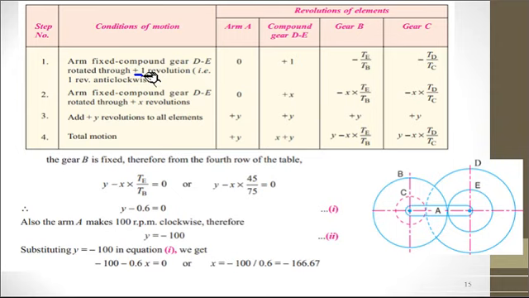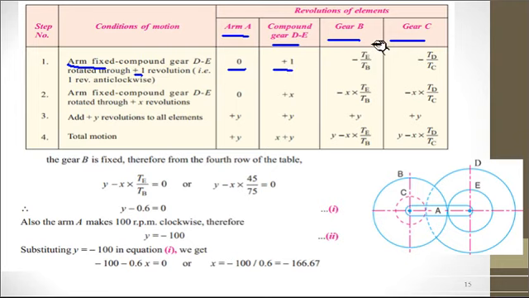The first element we always write is the arm. The movement elements are then compound gear DE, gear B, and gear C. Since arm is fixed, we make it 0, and compound gear DE rotates through plus 1 revolution, so we make it plus 1.